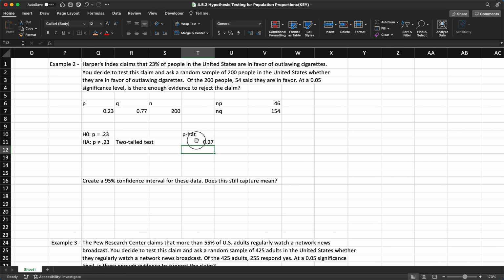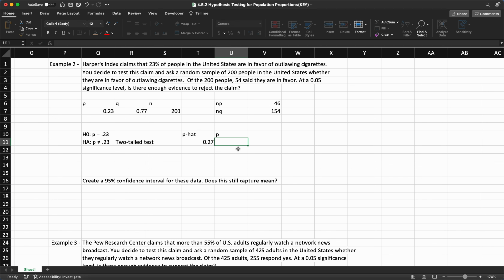So this value is actually greater than the value that's being claimed here, 0.23. Now, I don't care if it's greater than or if it's less than the value. I'm trying to prove that the proportion that was claimed is not the proportion in actuality. So I gathered this sample and I got this p hat value.